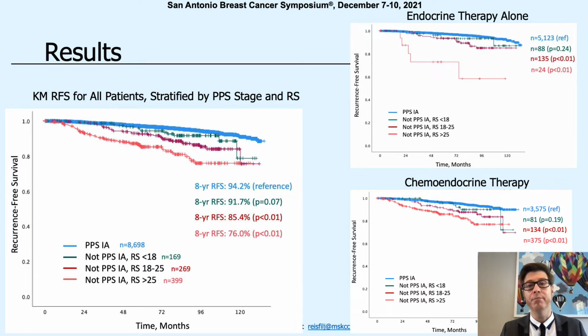And this was valid both for the endocrine therapy arm or the chemoendocrine therapy arm.